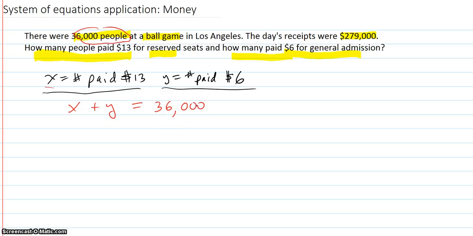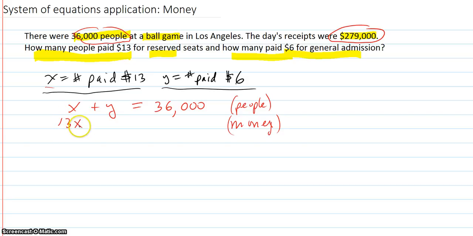And the other equation must deal with this total of money. So this is a people equation. Now we need a money one. So if X people paid $13, then the money that was received from those X people is 13X dollars.